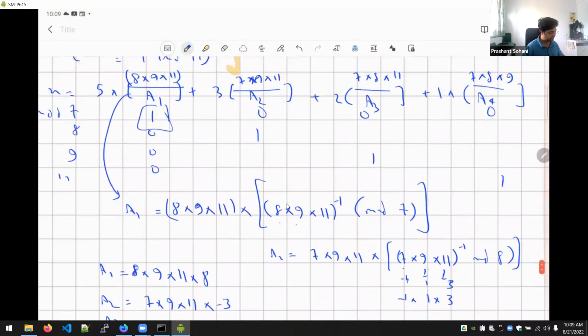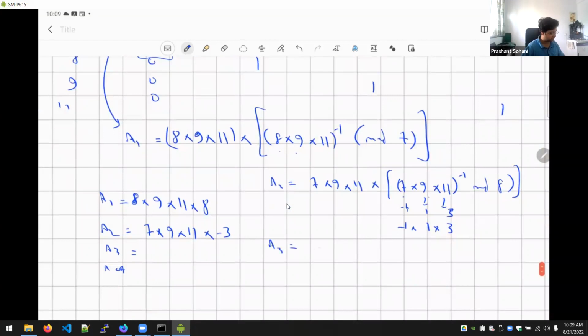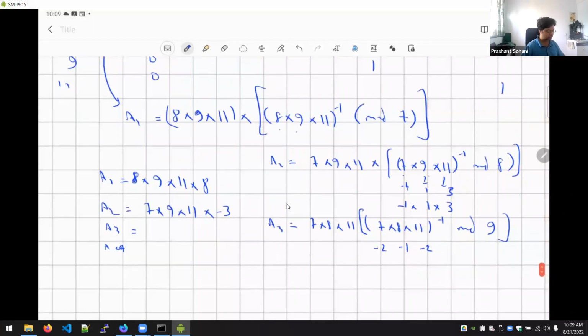Then A3 is 7 into 8 into 11 into the inverse modulo 9. Again, 7 can be replaced with -2, -1, -2. So you see how you can be clever at doing the calculations also as quickly as possible. You use the modulus to reduce the absolute value of the term.